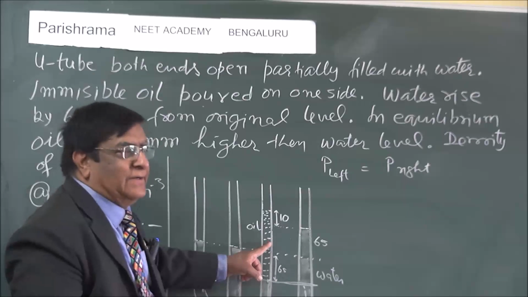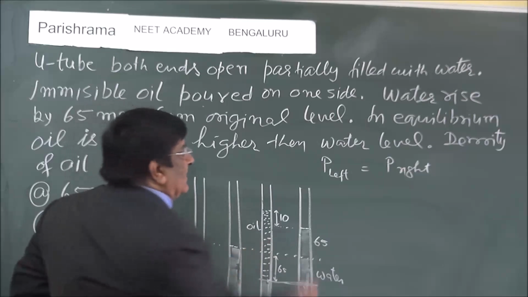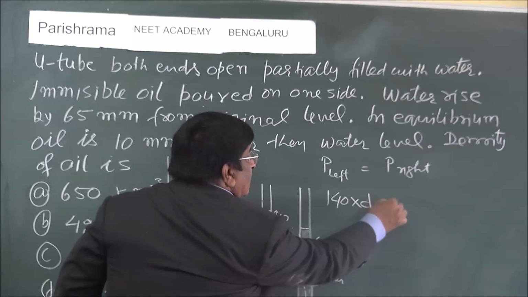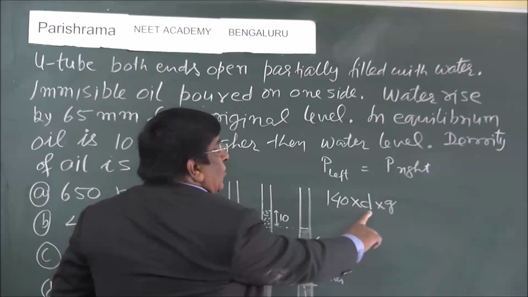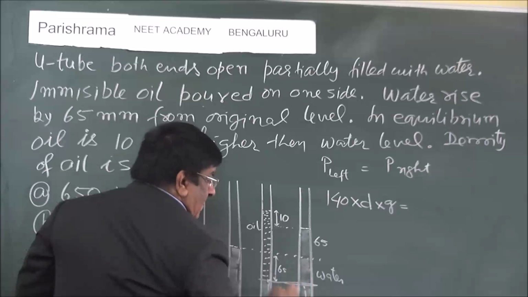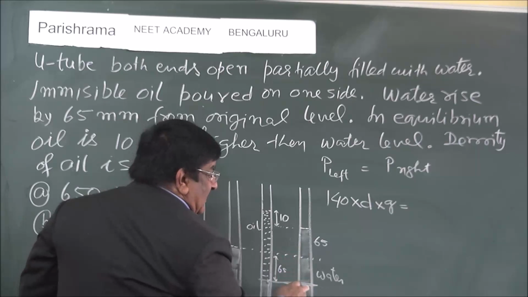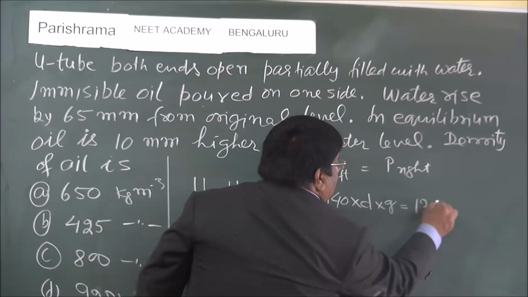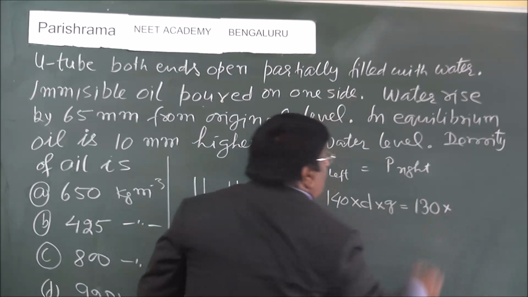Rho you have to find. Density, write it D. So 140 into D into g is equal to, on the right side, up to this much, how much is it? 65 plus 65, 130 into rho.